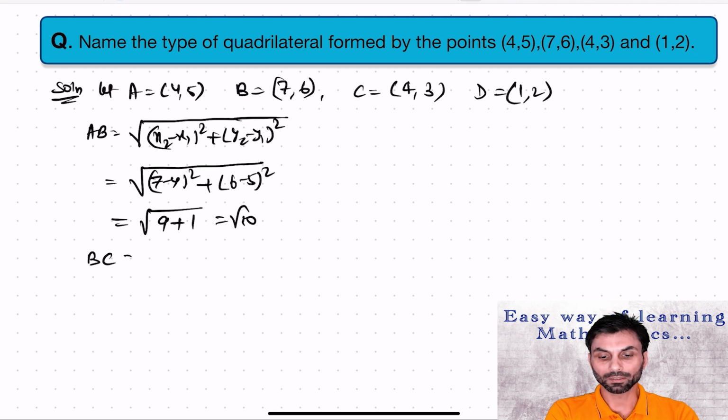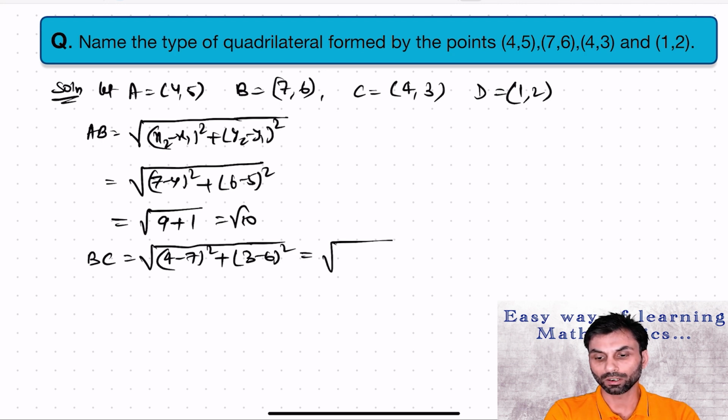Then the BC length: (4 minus 7) whole square plus (3 minus 6) whole square, which equals the square root of 9 plus 9, which is root 18.